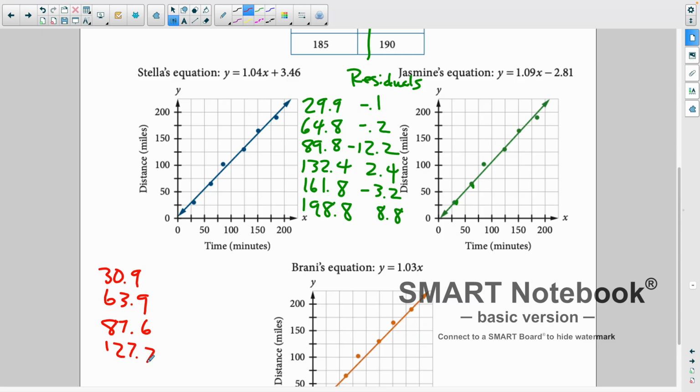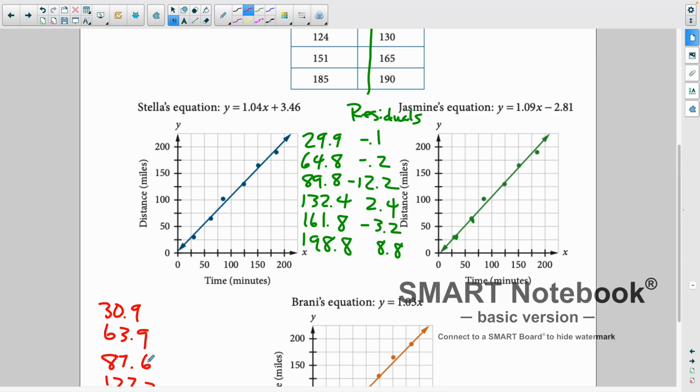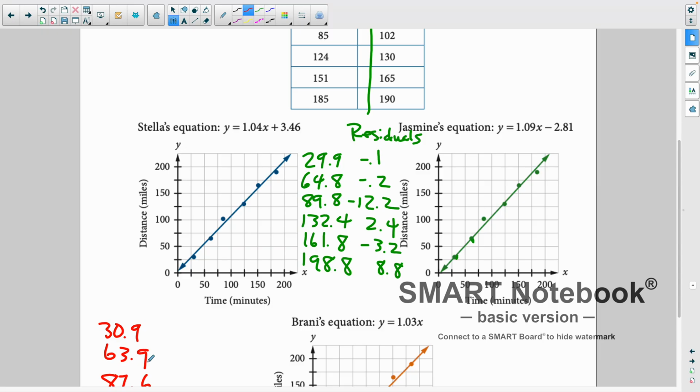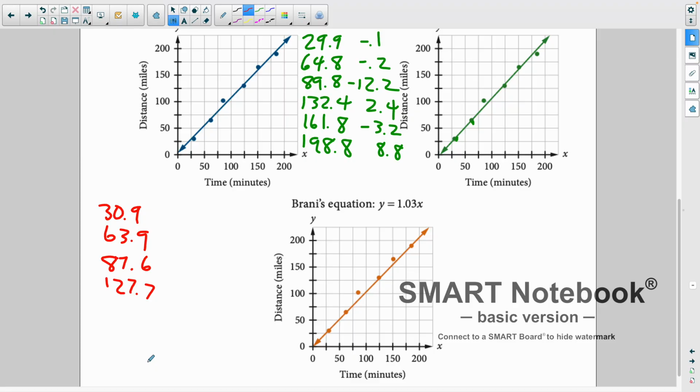To do that again, 1.03 times 151, so it's 155.5. And 1.03 times 185, so I got 190.6. Okay?